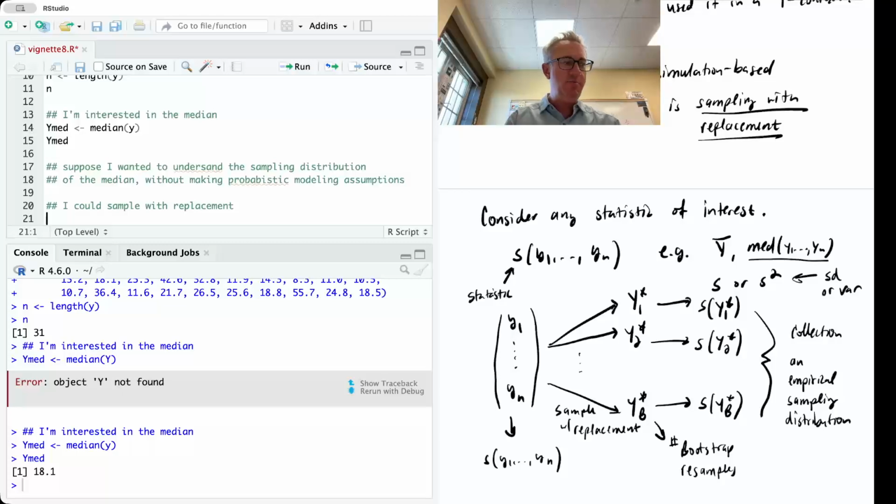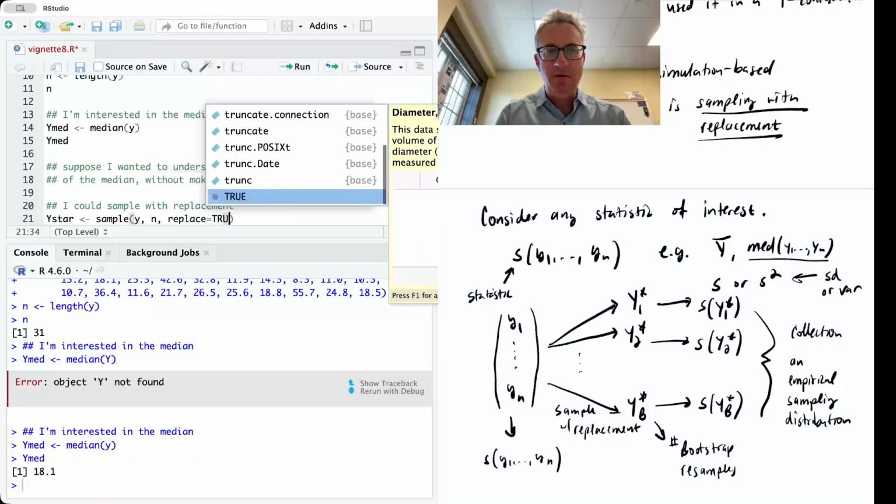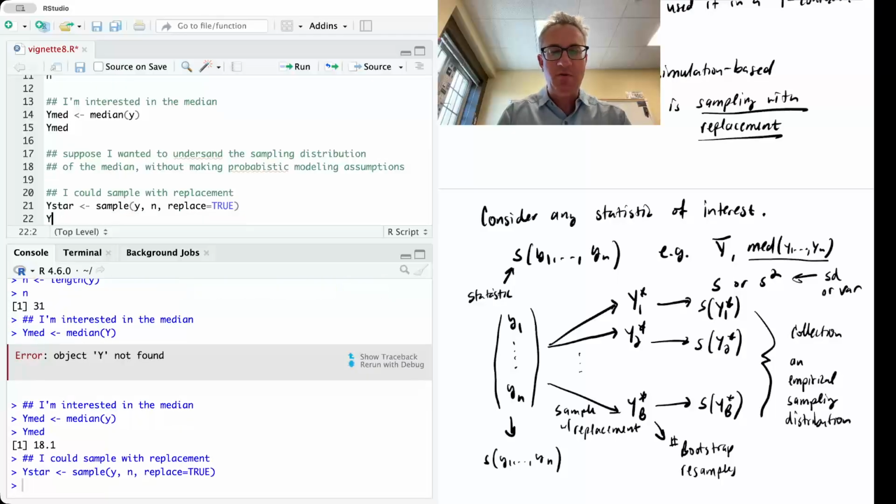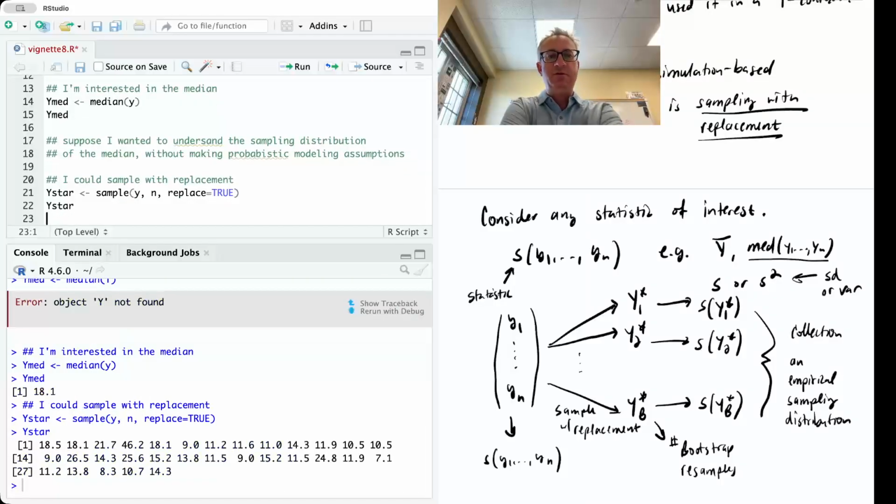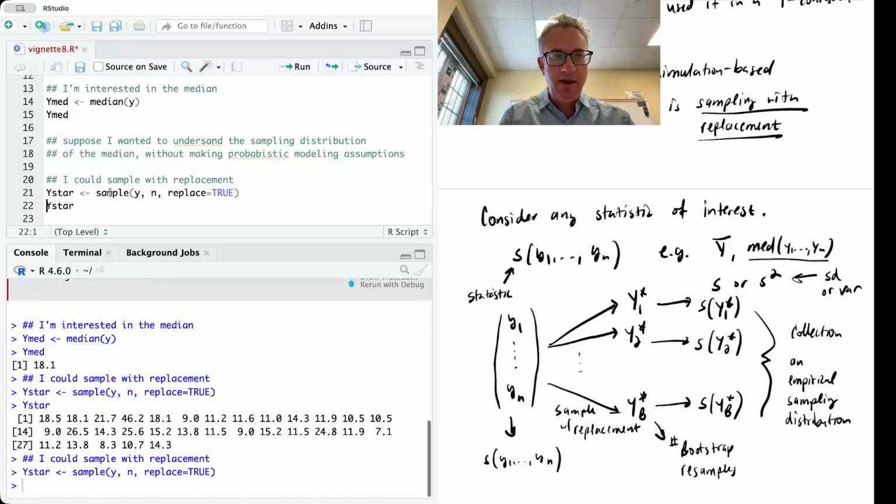So for example, I could create a y star, which is a sample of the original data values y. I'm going to get a sample of the same size n as the original data set, and I want to sample with replacement. Okay, so this y star is a data set that I get from my original y's randomly resampled with replacement. And each time I do this, I get a different one, right?